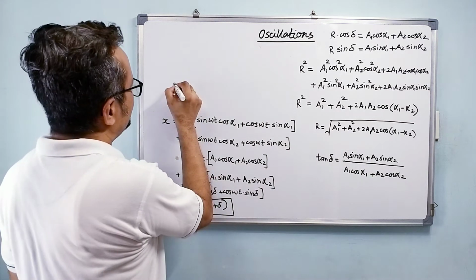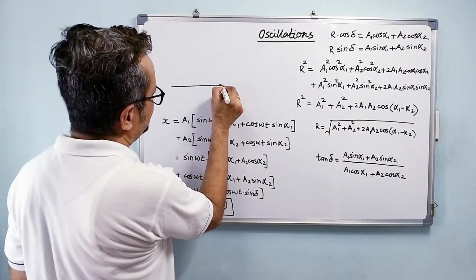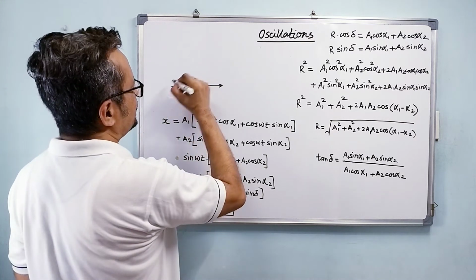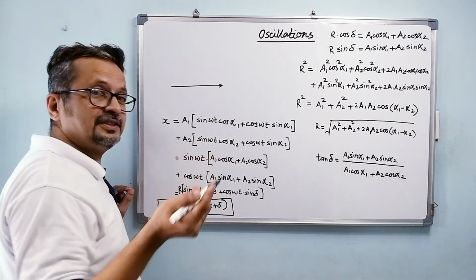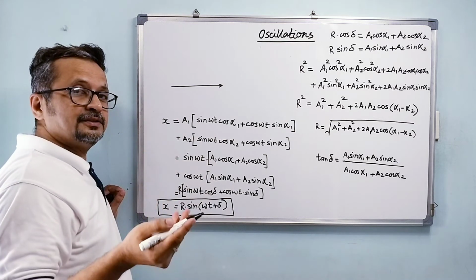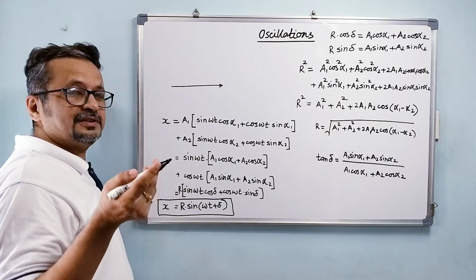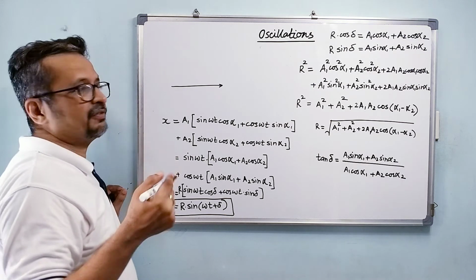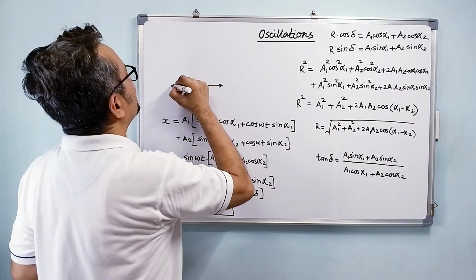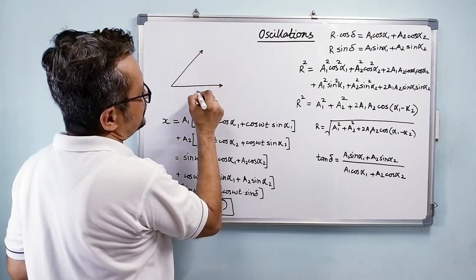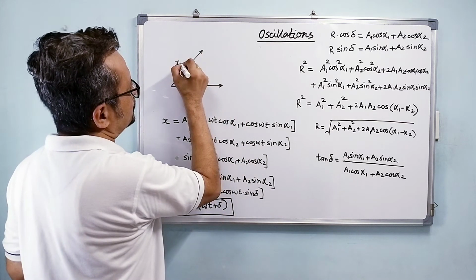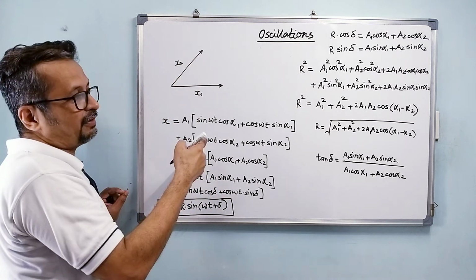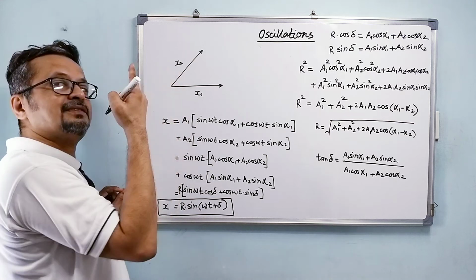This is my displacement or SHM1, and since there is a difference in the initial phases, this is x1 and this is x2, correct? Initial phase of this is alpha 1 and initial phase of that one is alpha 2.